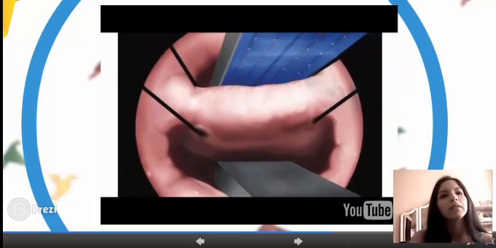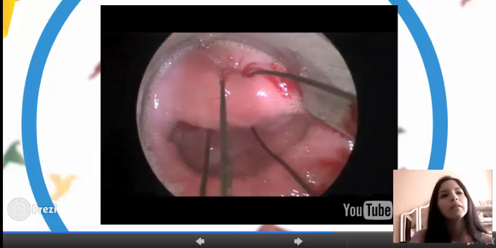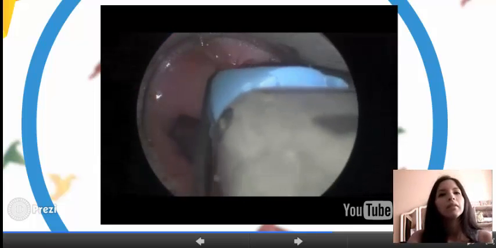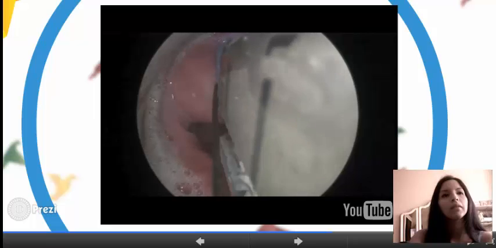Between the 2 sutures, which are placed in tension, the stapling device is then inserted such that the common wall is placed between the stapler blades.